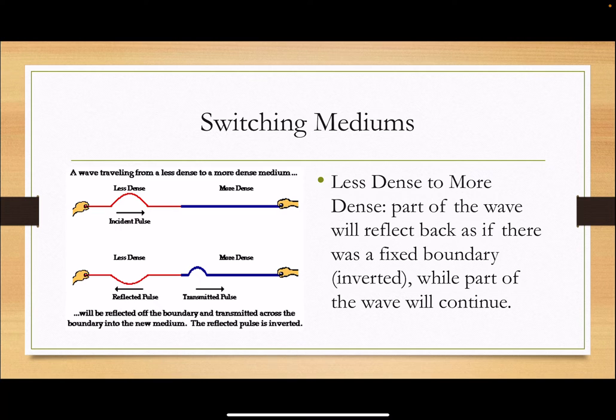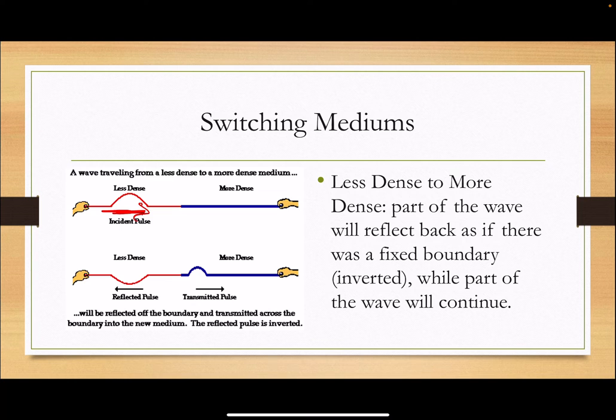Going into that a little bit deeper, instead of just having a different boundary, we can switch materials. Let's say we have a rope where half the rope is less dense, like a string, and the other half is like a thicker rope, more dense. When you go from less dense to more dense, you send the pulse in, like in the top image, and part of the wave is going to continue like normal.